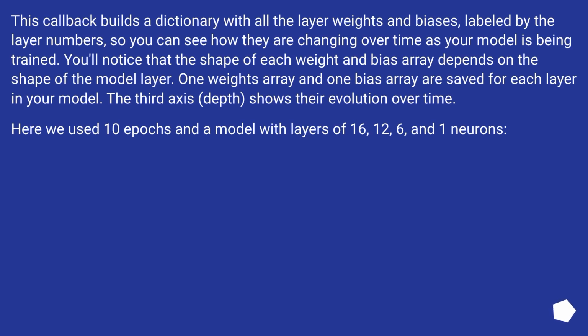This callback builds a dictionary with all the layer weights and biases, labeled by the layer numbers, so you can see how they are changing over time as your model is being trained.